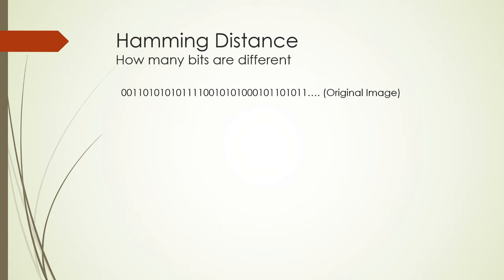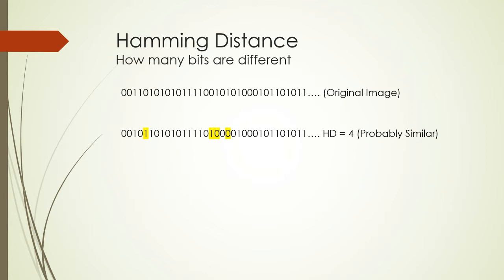So now what we do is that we get another binary number of an image in our library, okay? So we have this binary number of another image, and I've highlighted here the bits that are different. So this has a Hamming distance of 4, which means it's probably pretty similar.